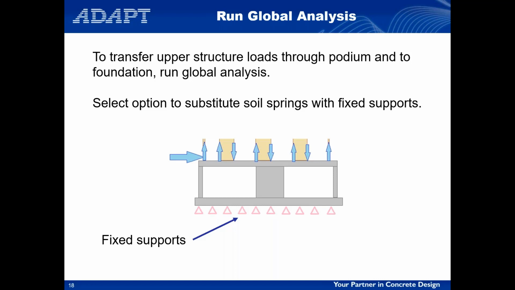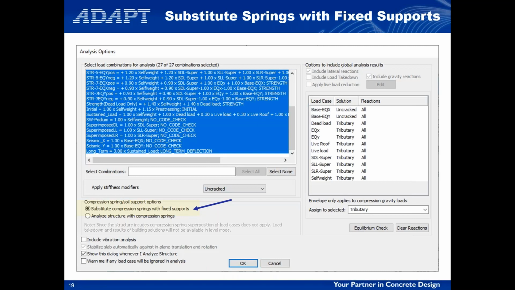So what we're doing in the background is running our global analysis, and I'm now switching to where you're looking at the analysis option window when we're in global mode. And you see here, I've highlighted it in the middle yellow on the bottom left.